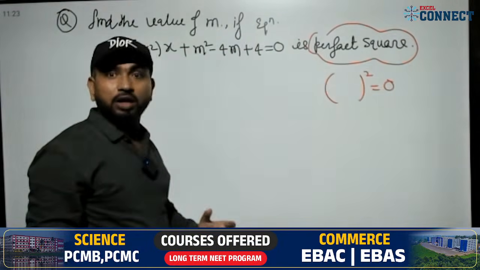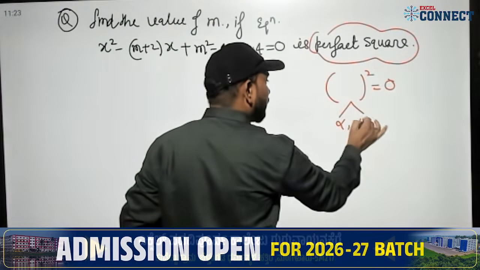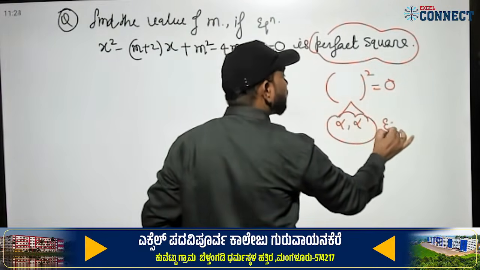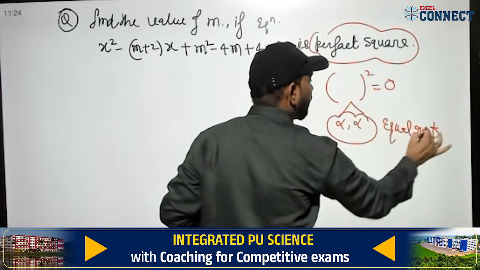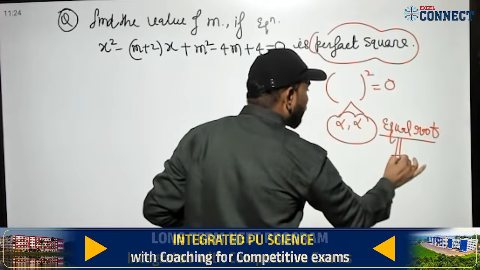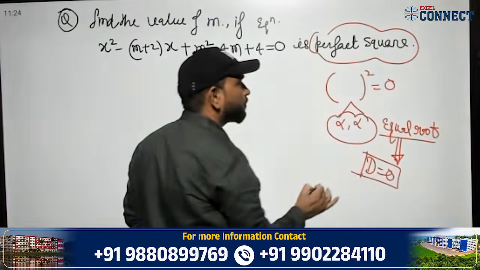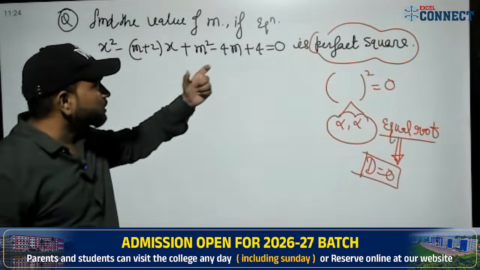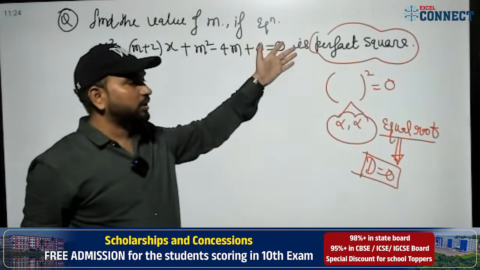It means from here two roots are coming, let's suppose alpha comma alpha. It means equal roots. Equal root means what? D is equal to 0. So in this question they are saying find the value of m if this is perfect square.